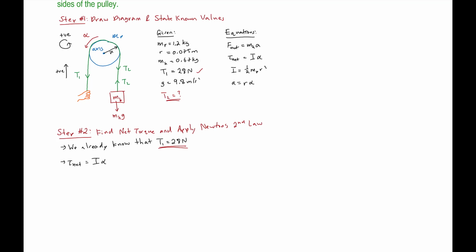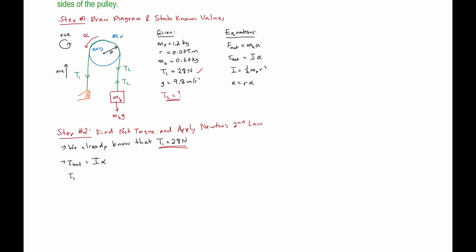In terms of the pulley itself, if we consider the counterclockwise rotation as positive, then we have a positive torque coming from T1, and we have a negative torque because it's acting in the clockwise direction.